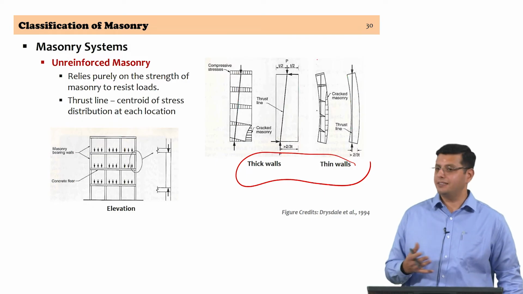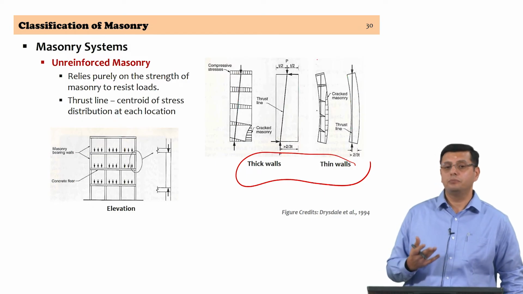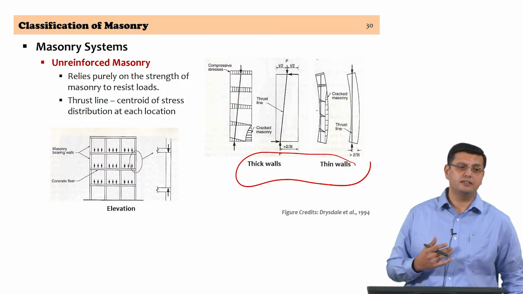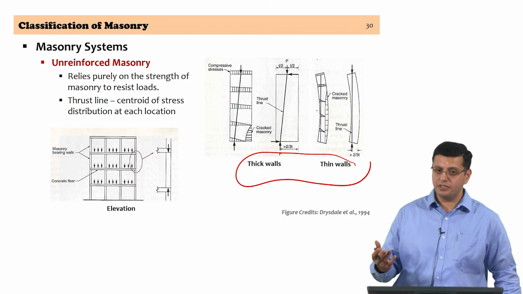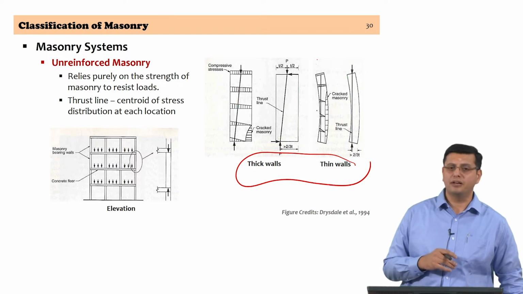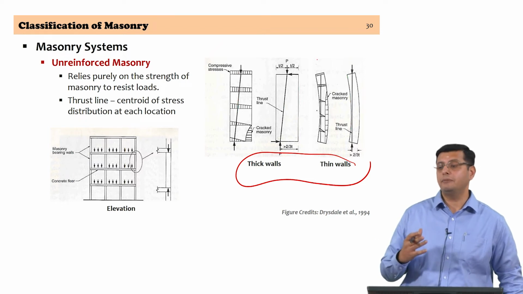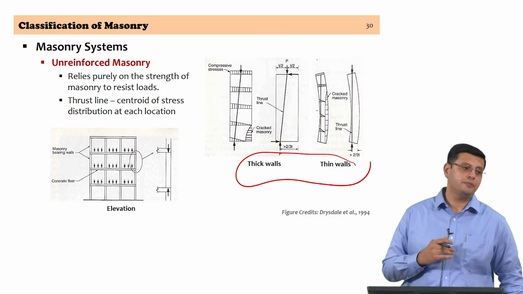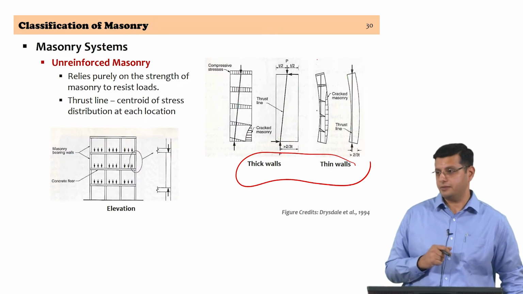There is also a third category which we will examine, which is called prestressed masonry. However, that is not a very successful typology due to issues that we will examine in a moment. However, it is a concept that works rather well for existing masonry structures.